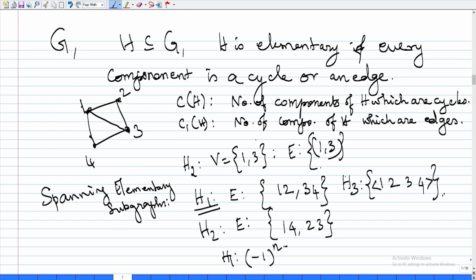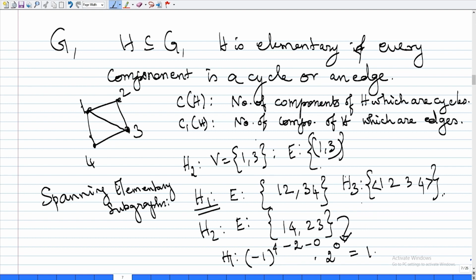Minus 1 to the power of n minus, I have exactly 2 edges, so first of all my n is 4, so 4 minus 2, and there are no cycles, so 0, into 2 power 0. This is going to account for 1. Similarly, if I look at H2, I will have the same value because it also has 2 edges.